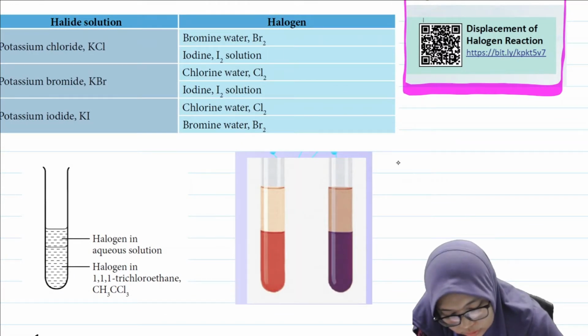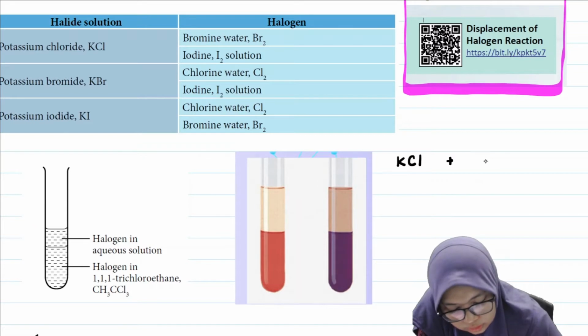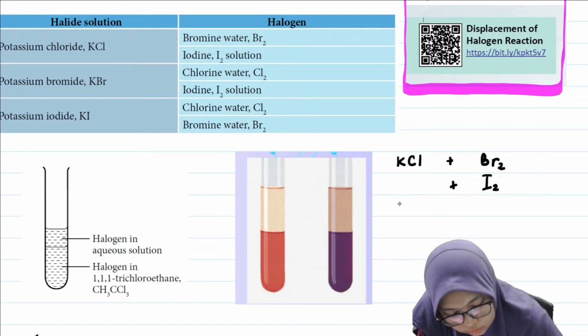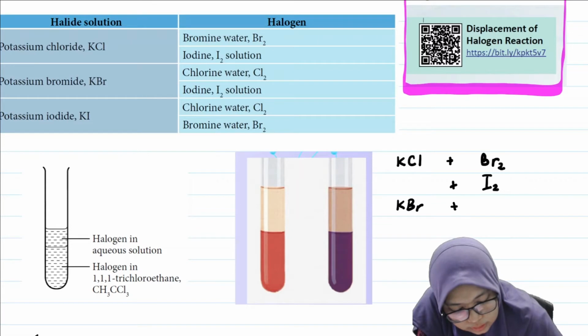Now we are using KCl that reacts with bromine and also iodine. Then we have the potassium bromide that reacts with chlorine and also iodine.